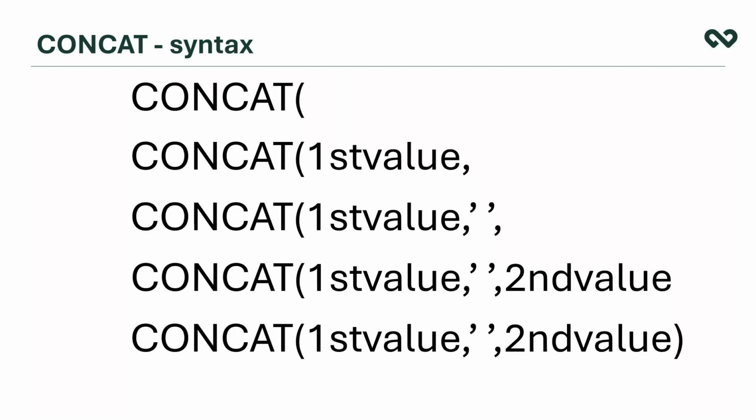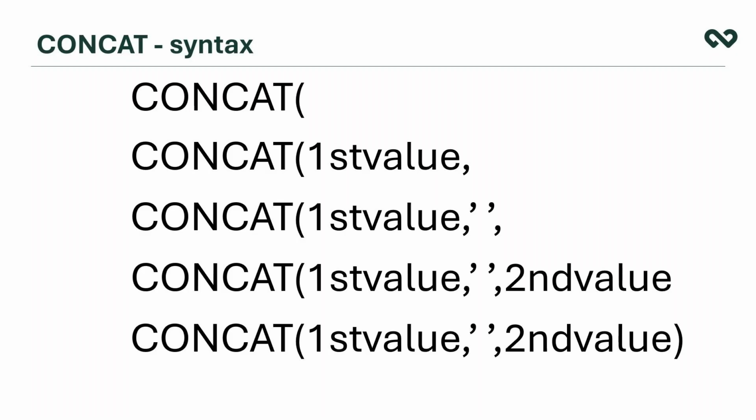Now, obviously, when you are building these, you can have more values. You're not tied to just two. And it's also good to know that when you're building this together, you can have different separators between each of the values. So for example, between the first and the second, I could simply have a space, but between the second and third, I could have a hyphen.